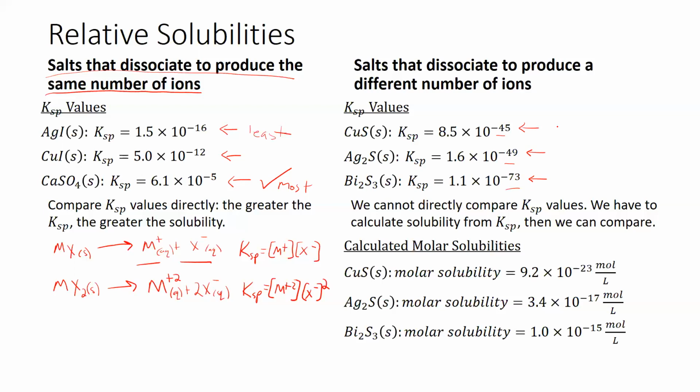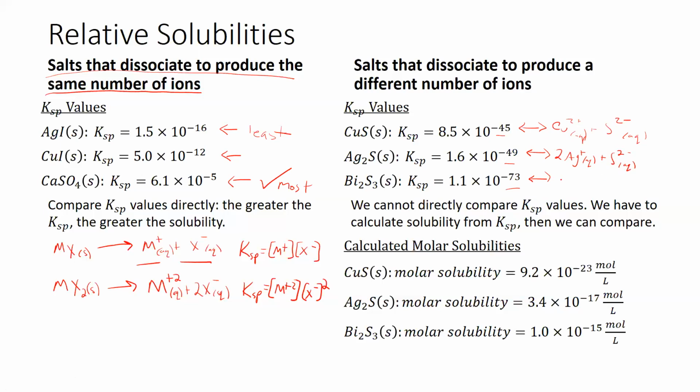But if you look at what they dissociate into, copper 2+ and sulfur 2-, I guess I could put those down, if you will, or on the next one, it's 2 silver ions plus 1 sulfur.